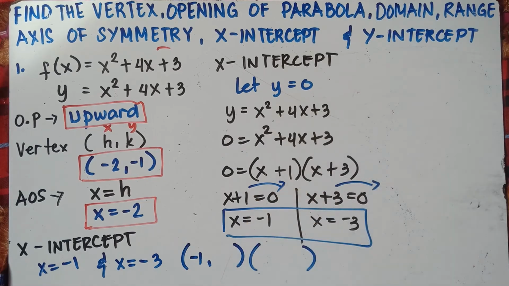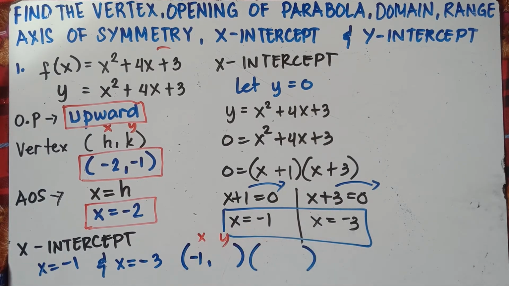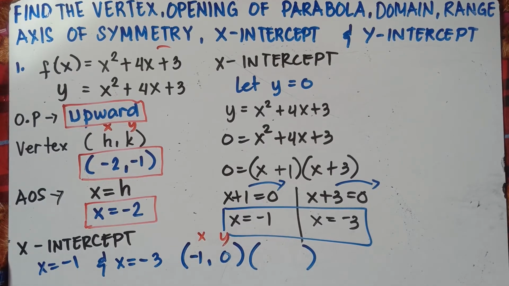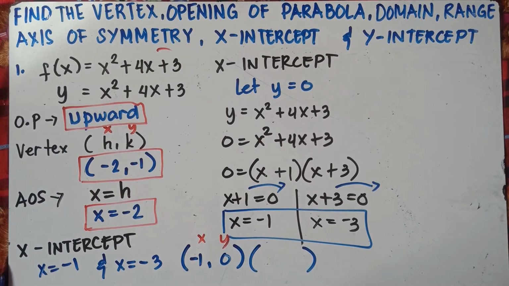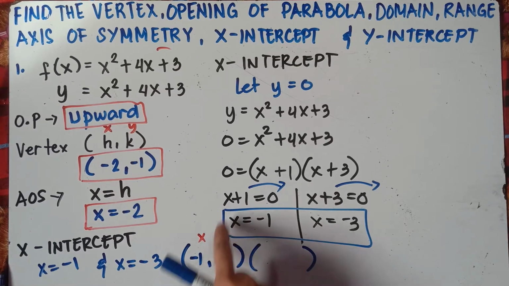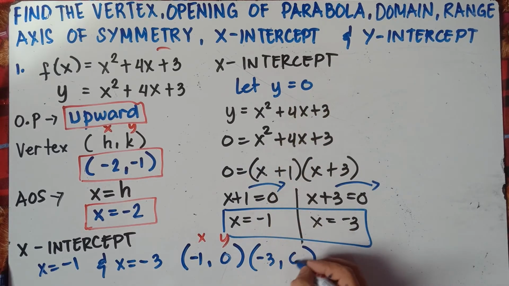Still remember the ordered pair, that would be x and y. So we have negative 1 for x, and our y is 0. It depends on your teacher, class, because some teachers will advise you to write your x-intercept as an ordered pair. So no problem, x is negative 1, and your y is 0. And the other one, we have x equals negative 3, then your y is 0.